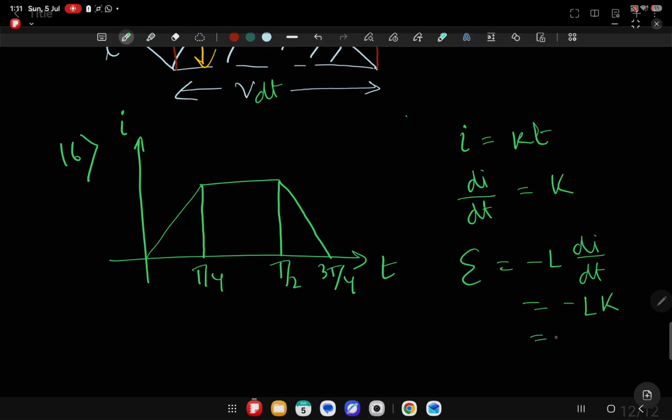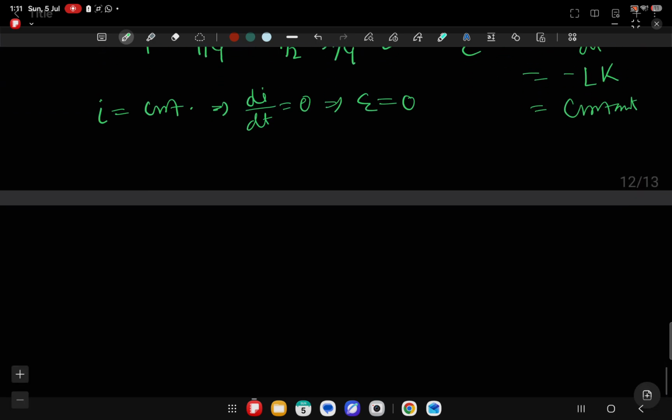Okay, so in the second case it's a constant, and then I is constant, so di by dt is 0. That means obviously EMF will also be 0. And in the third case it is a straight line with a negative slope, so I is like C minus kt.